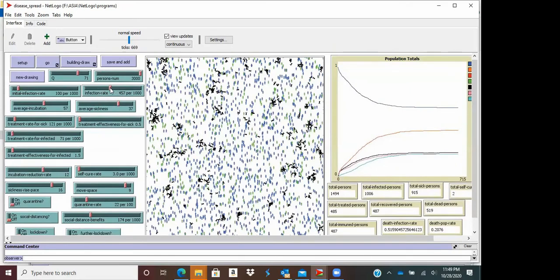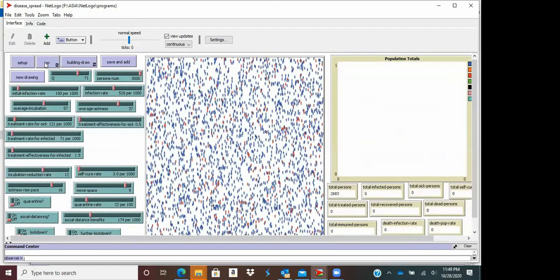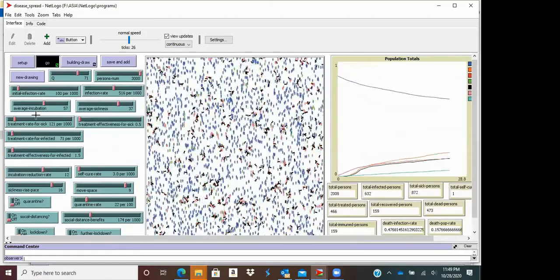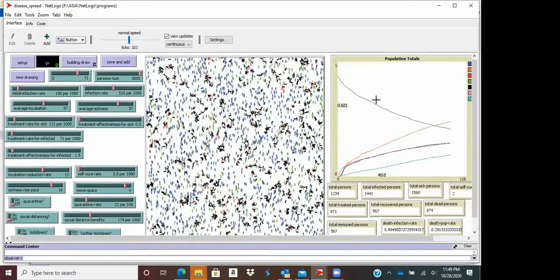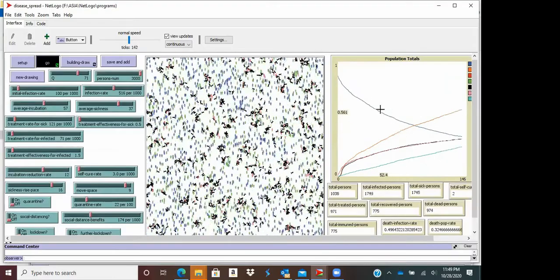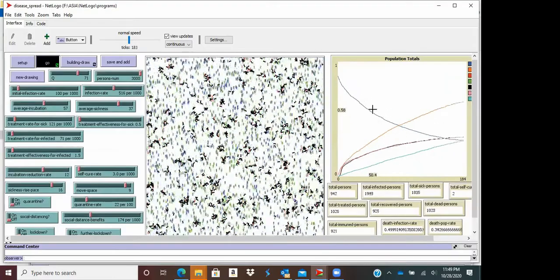So then you would expect more people to die. Set up and go. So you can see more people died. The blue line dropped dramatically, more people get sick, and fewer people stay healthy.